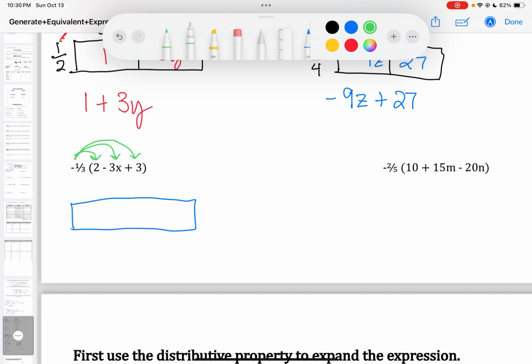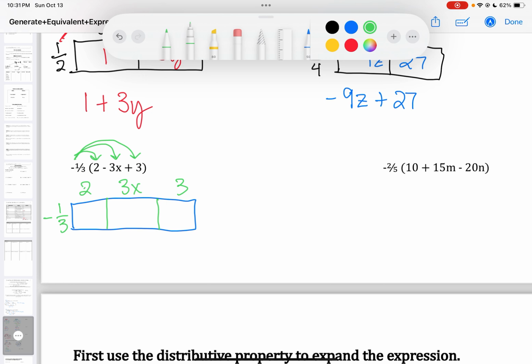So if I wanted to, I could do negative 1/3 times 2 minus negative 1/3 times 3x plus negative 1/3 times 3. But for this one, I'm going to make my area model again. So I'm going to have negative 1/3 on the side. And I'm going to split this into 3 because we have 3 terms. So I'll have 2 at the top, 3x, and 3.